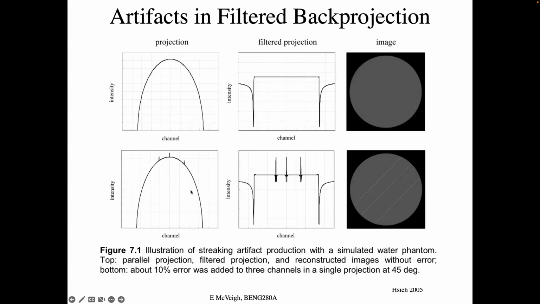After you do the convolution, that gets really amplified in its effect, because remember that convolution is proportional to sort of the derivative of these things. And so in the back projections, the view that had the little noise spikes looks like this, and this is what your picture looks like. You get this very unstable situation where noise spikes show up as streaks in your image.